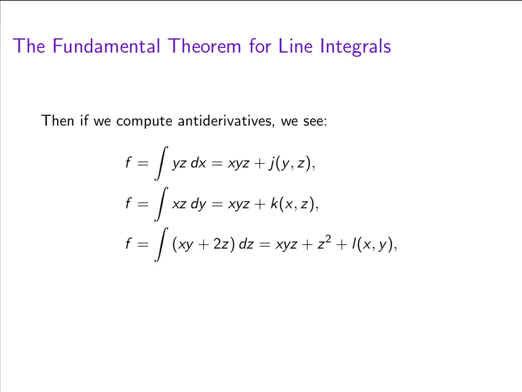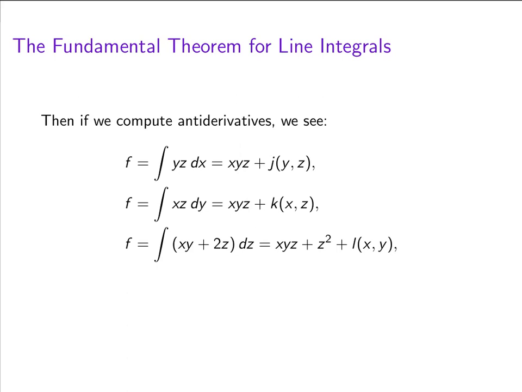Now let's think about what happens when we take an antiderivative with respect to z. We notice that we'll get xyz. Now ordinarily when we compute an antiderivative, we'll say something like, well, we have a plus c. But in this case, sort of like the opposite of a partial derivative, this is a partial antiderivative. So what's out here, this expression, is going to be some arbitrary function of y and z.